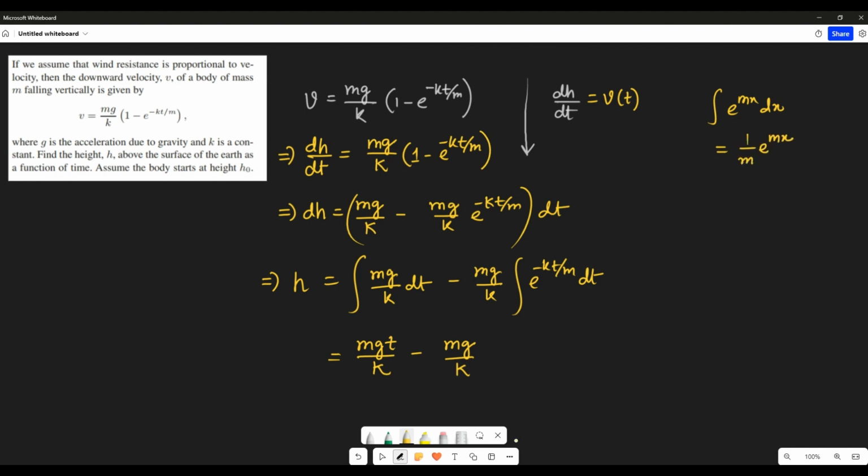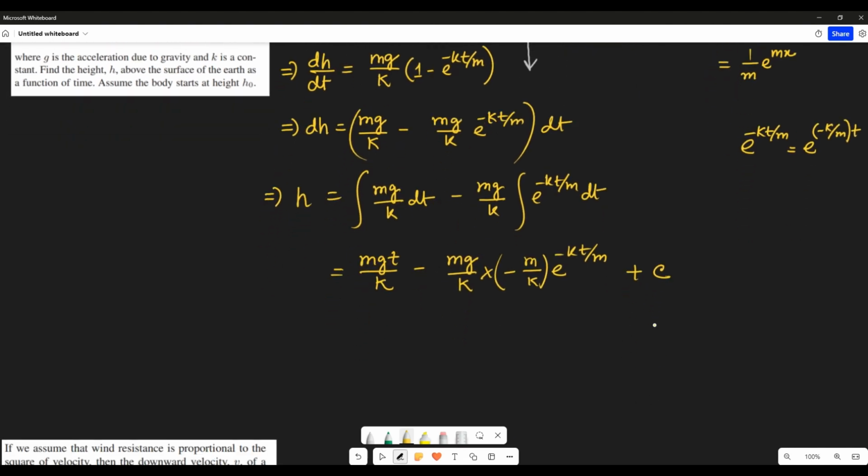So here we have e to the power of minus kt by m, that can be expressed as minus k by m times t. So it will be minus m by k e to the power of minus kt by m plus some constant c.